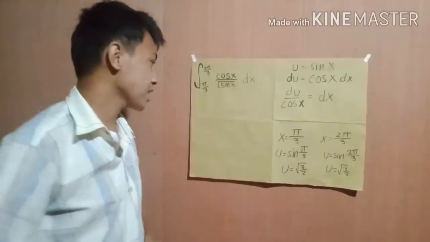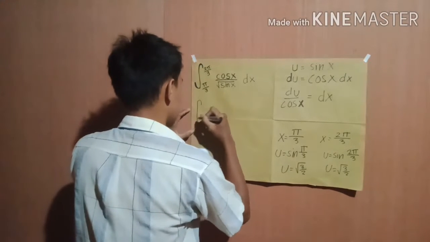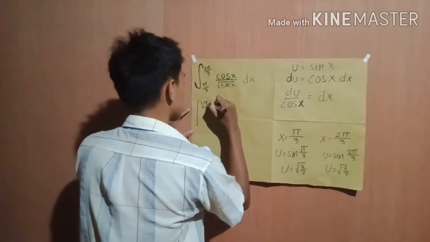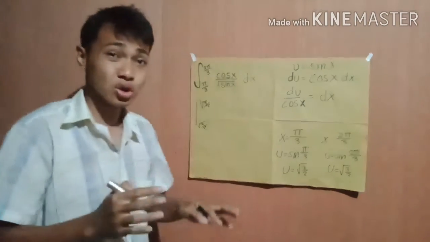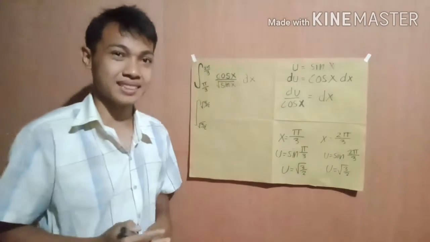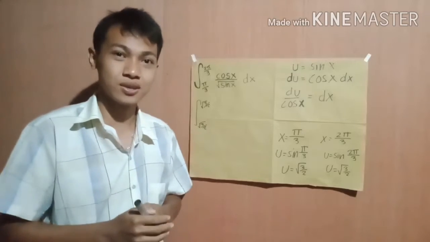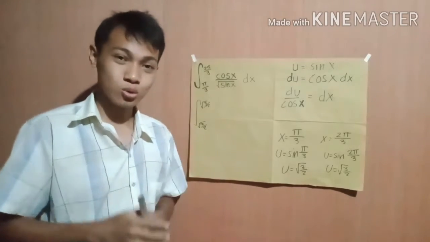Actually, they are the same. So the radical 3 over 2, also the radical 3 over 2. Since we have a definite integral and the limits of integration are the same, this is going to be 0.